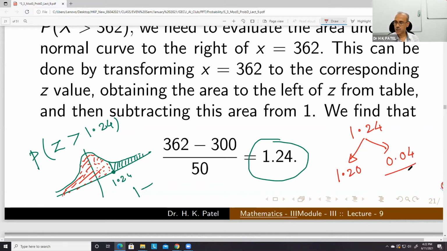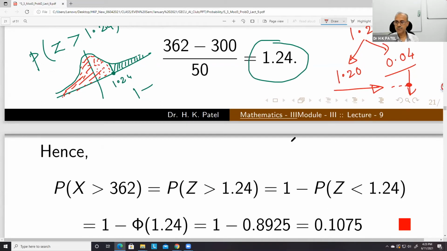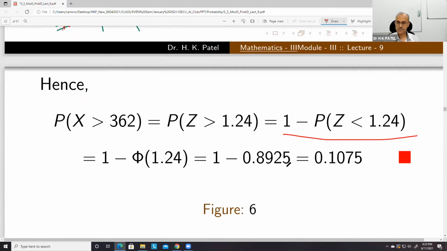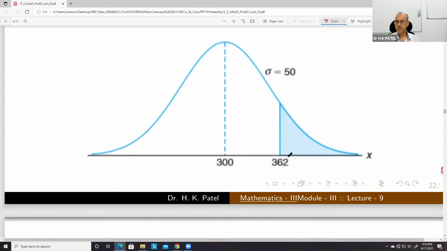So under 0.04, move across horizontally along 1.2. Whatever the intersection you get will give you the required value, and then subtract it from 1. So this is the original requirement, which will be 1 minus this white area.